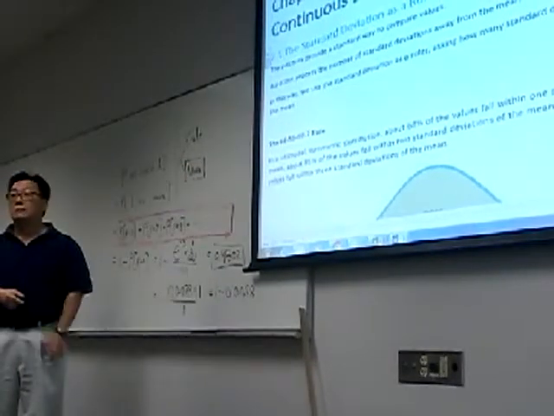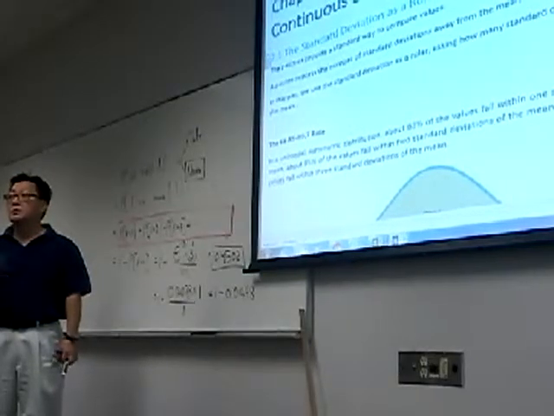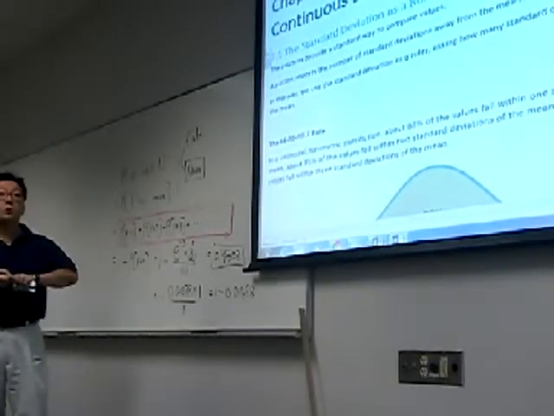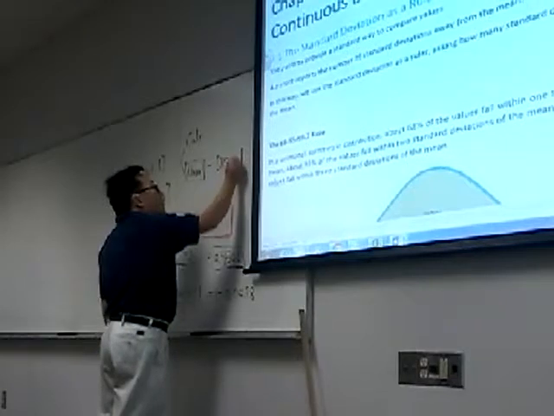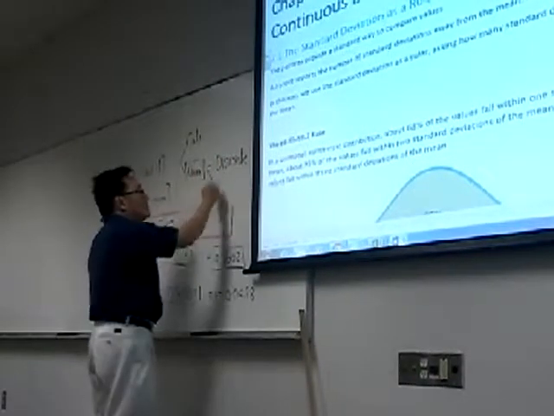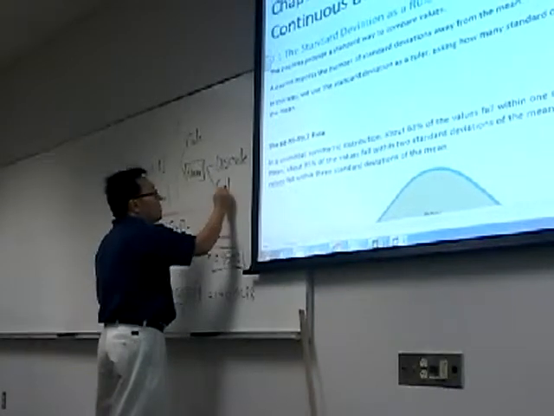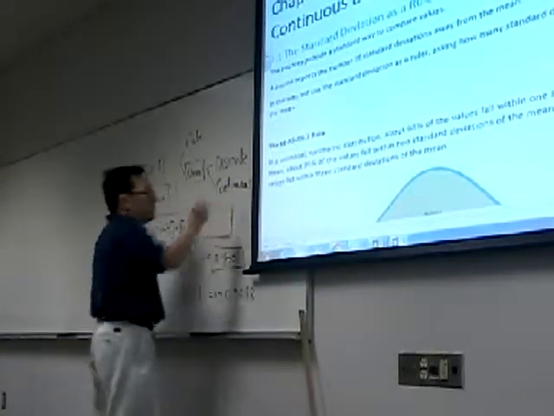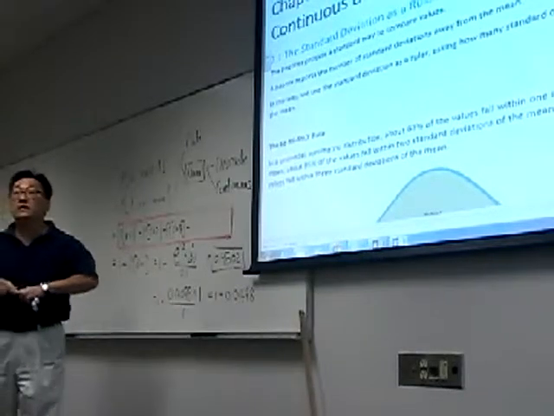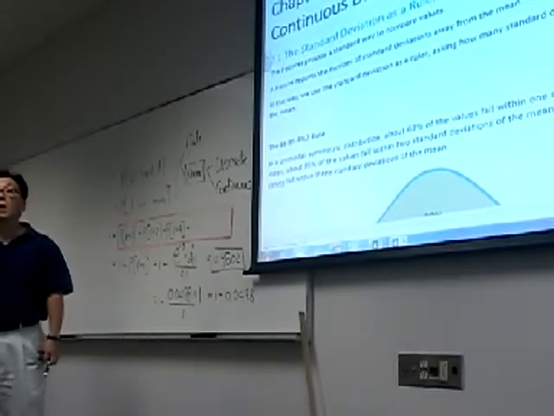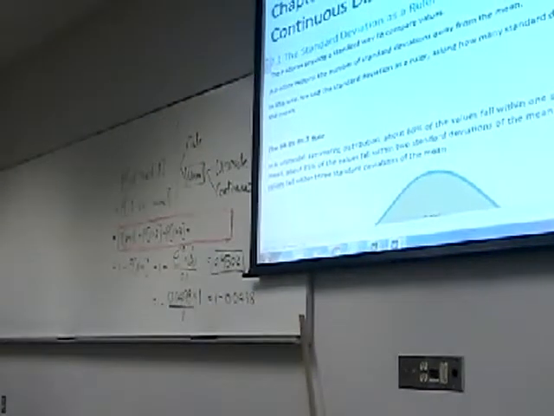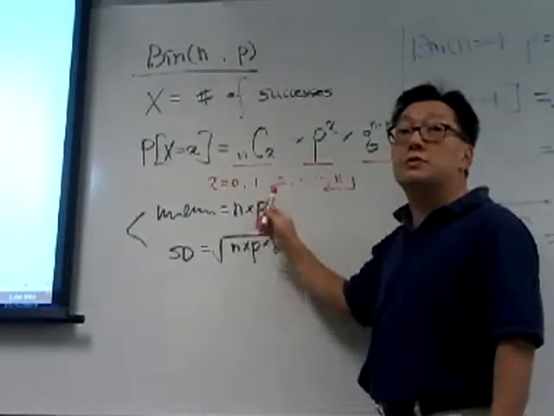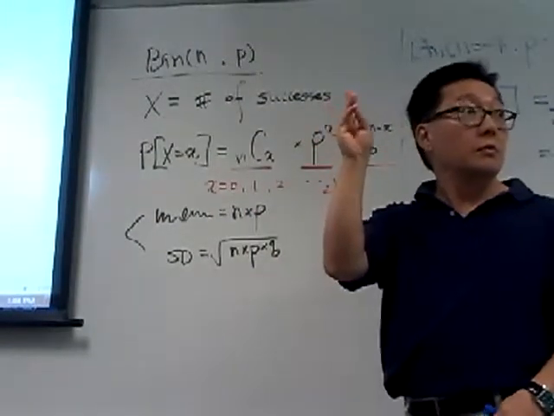In statistics, we have another 2 types of numerical variable. One is the discrete, and the other one is the continuous. Discrete, countable. Continuous, uncountable. Look at this: number of successes. No success, 1 success, 2 successes, countable, up to n.